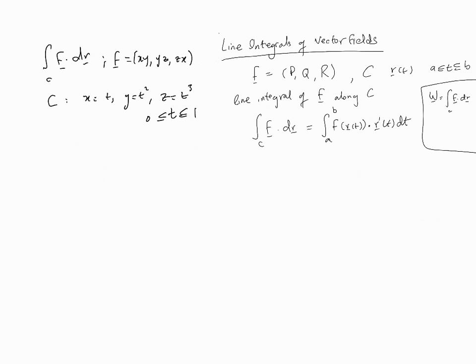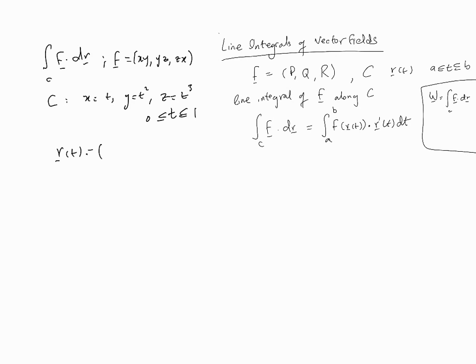So here's an example. Compute the integral of F dot dr, where F is this vector field xy, yz, zx, and C is given here as x equals t, y equals t squared, and z equals t cubed. So let's look at how we would actually compute this. First of all, we have to look at our r(t).